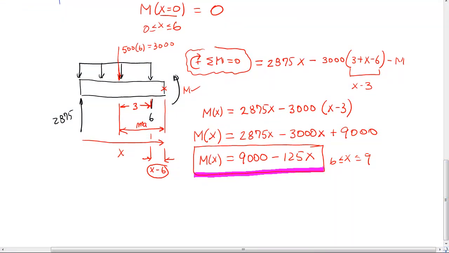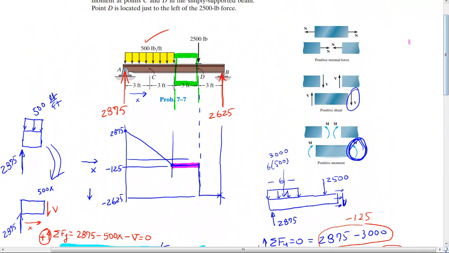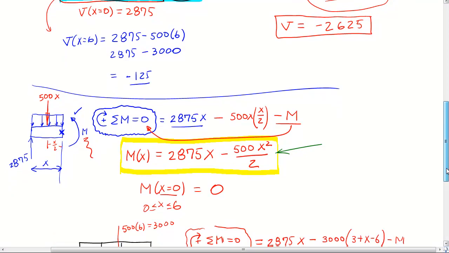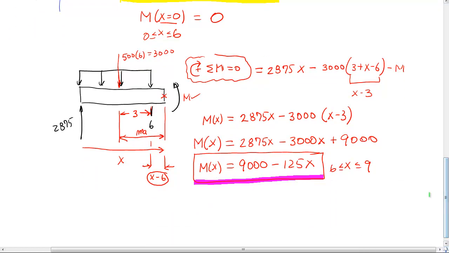The moment, linear. Shear in this region, linear. Moment in that region, quadratic. So in fact, this relationship is sort of holding here.